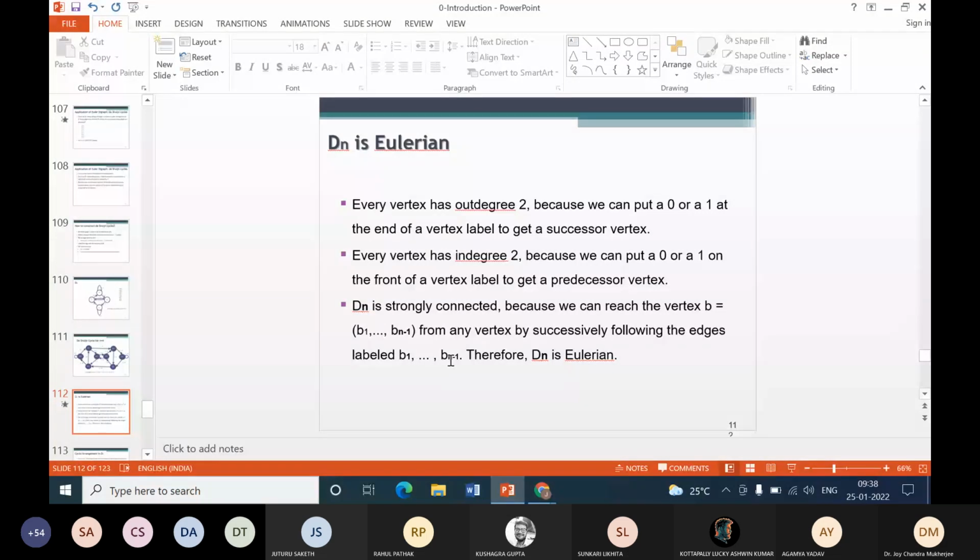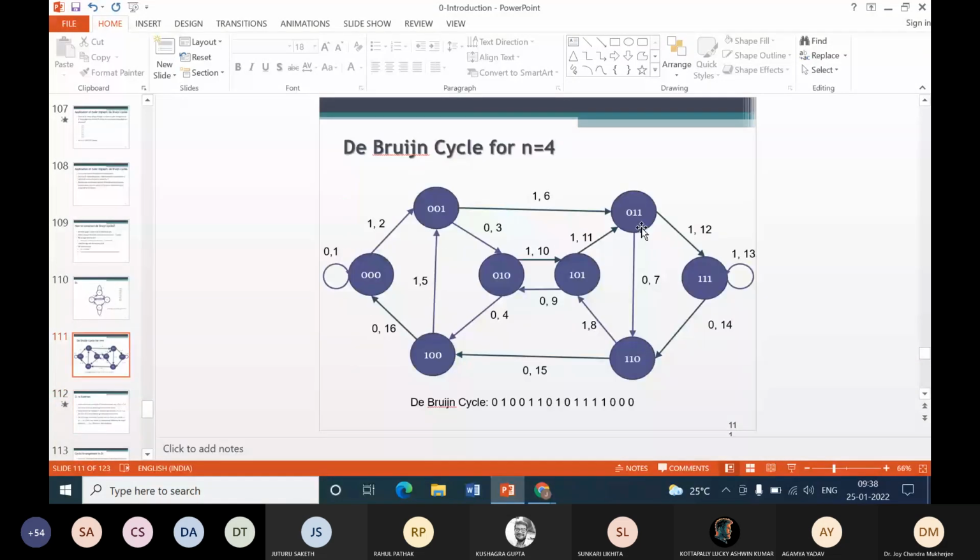Suppose 0 1 1. From any node, if I traverse 0 1 1, then I will reach this vertex. Why? Dn is strongly connected, and every vertex has some bit combination like 0 1 1. Due to the construction, I know that from any vertex, if I read the vertex level 0 1 1, I will reach 0 1 1.